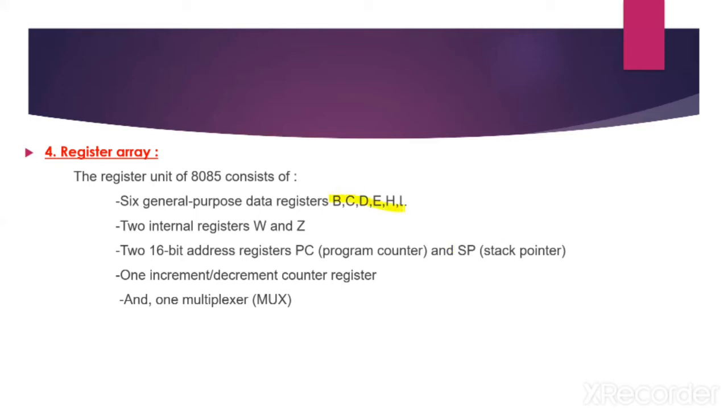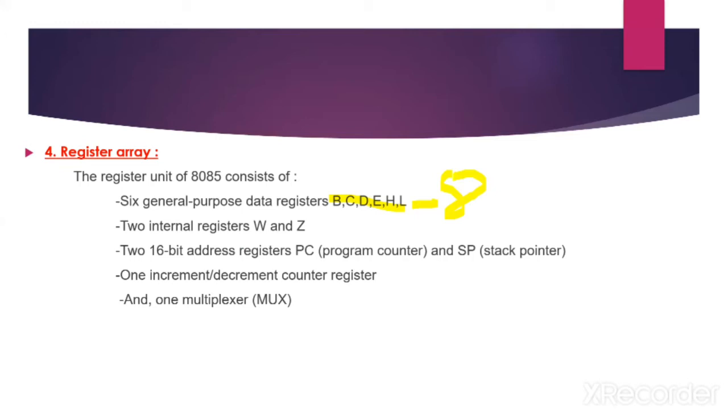The microprocessor has both 8-bit and 16-bit registers.